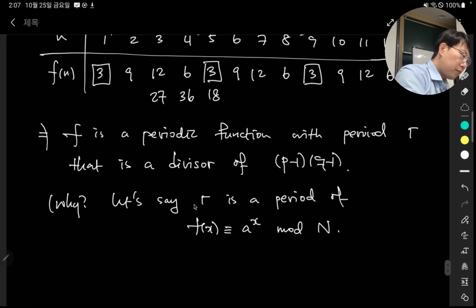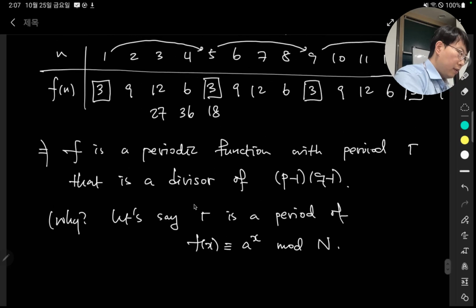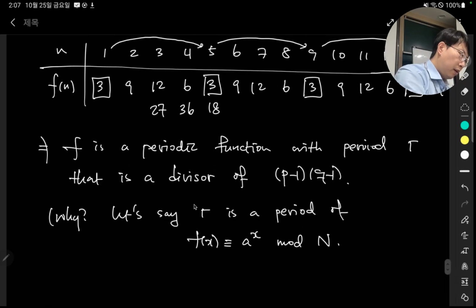Okay. Then, so here is the thing. So we have a to the r equals.